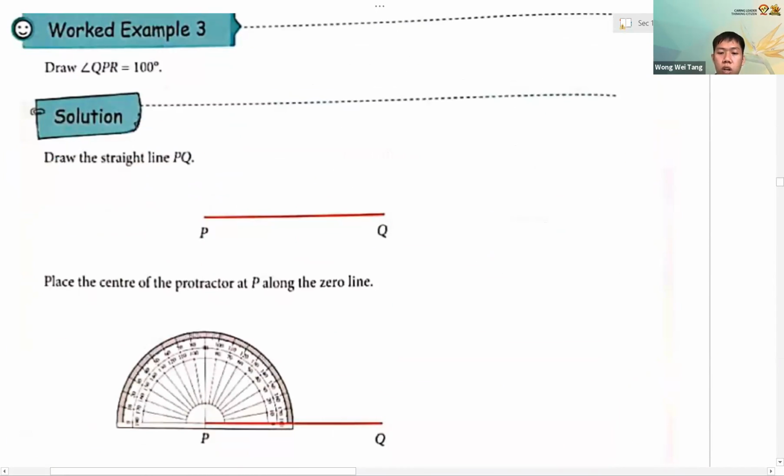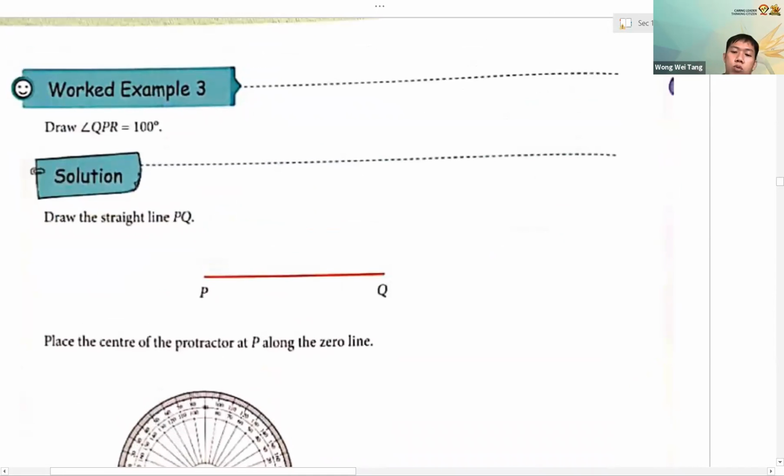So for worked example number 3, if you're asked to draw angle QPR as 100 degrees, you draw a straight line QP. So in this case, they started from Q, then to P. And now we want to find the point R. We know that from Q to P to R will give us 100 degrees.